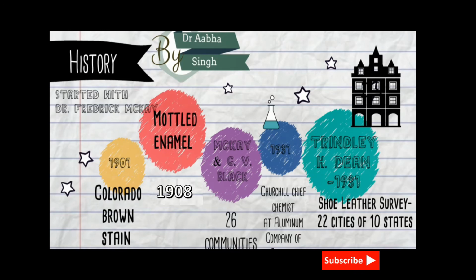Dean established that the concentration of fluoride in water is directly correlated with the severity of fluorosed enamel. The study was conducted in 22 cities of 10 states on 5,824 white children. He also found that in areas where fluoride was more than 3 ppm, mottling was more widespread.